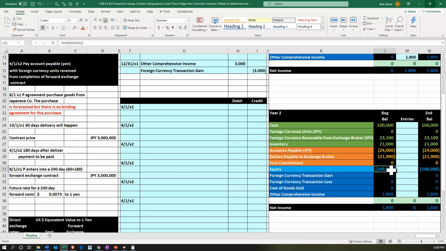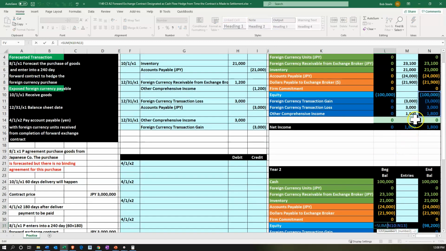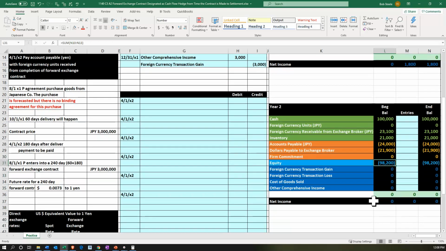So equity is going to include everything, including the rolling over of the other comprehensive income. So this is the post-closing trial balance, and the equity section is here in all of equity. We're going to include here the other comprehensive income that rolled in from the prior period. Okay, so then we have the current information down below, and we can just keep on pushing forward with this.